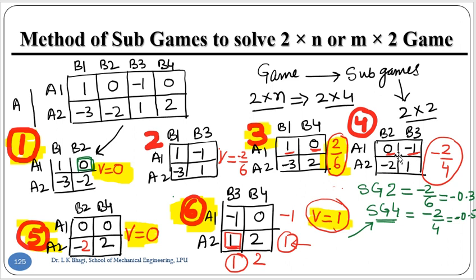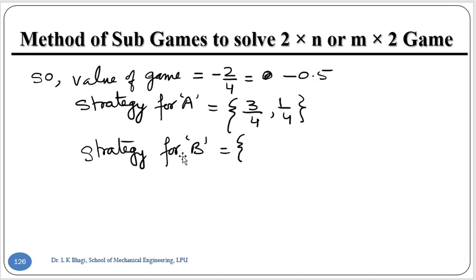So for B1 and B4 it will be 0, 0. Then it will be 2 by 4, and then 2 by 4 again, and for B4 it is 0.